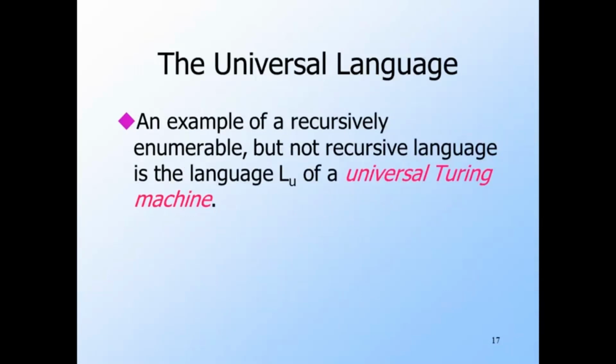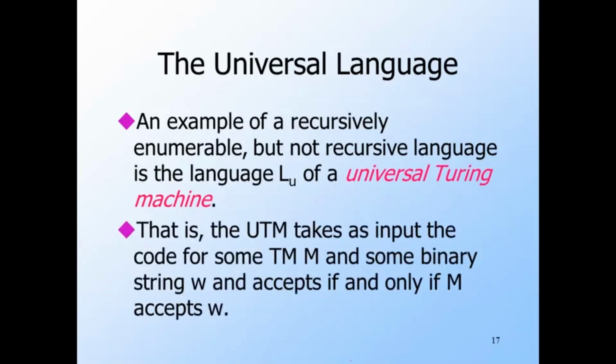This is the language we call L sub U, the universal Turing machine language. In more detail, the universal Turing machine takes as input a binary string consisting of the code for some Turing machine M and some input W for M. The universal Turing machine accepts the coded M and W if and only if M accepts W. The idea of the universal Turing machine should not seem strange if you've ever contemplated a Java virtual machine.